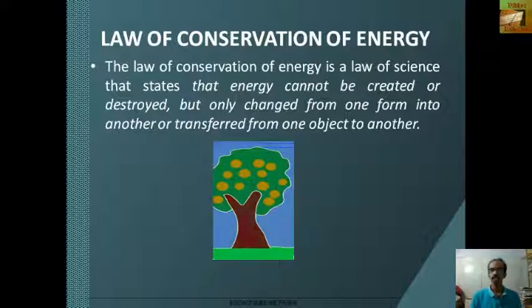Similarly, since the height above the ground decreases, its potential energy decreases. Thus, we can observe that the sum of kinetic energy and potential energy is a constant value. When the mango reaches just at the ground, the velocity is maximum and hence we have got maximum kinetic energy while zero potential energy.